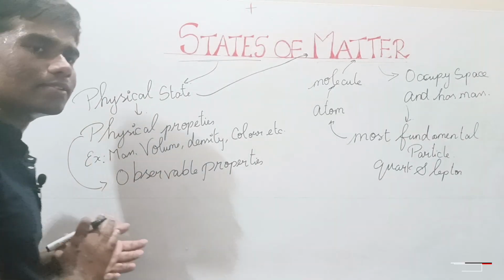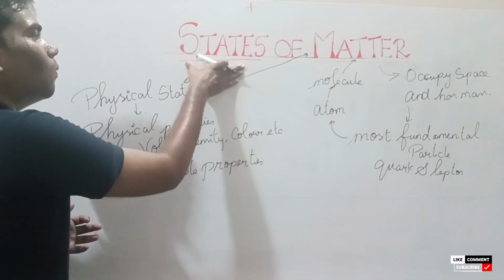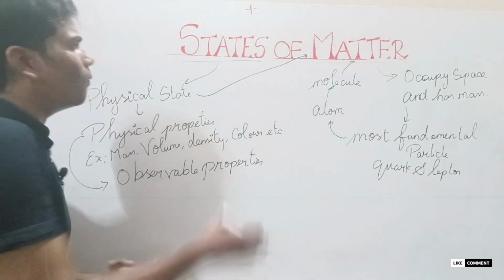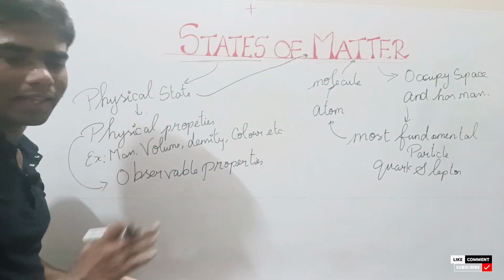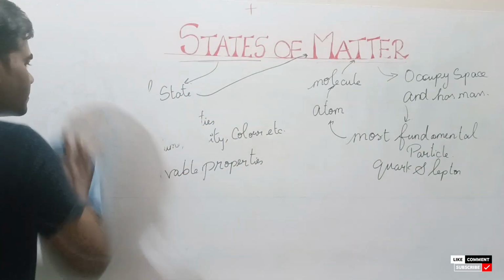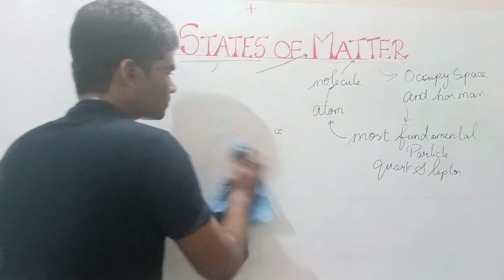So, my dear friends, now you have a clear idea about what is state and what is matter. You may be wondering what the types of states are. That is our next topic to discuss. Let me write it here.